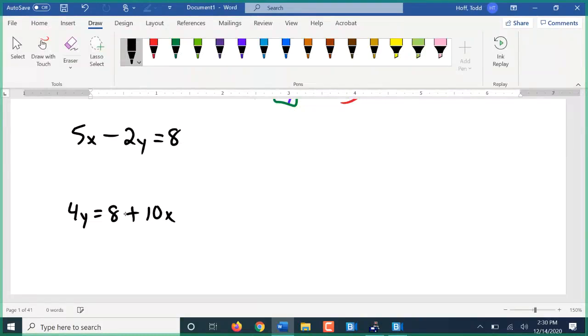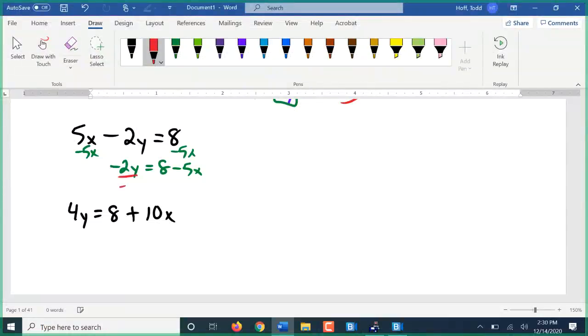Sorry, 8 plus 10x. I have to solve these to find the slope. So up here, I'm going to subtract 5x from both sides. Get a negative 2y equals 8 minus 5x.